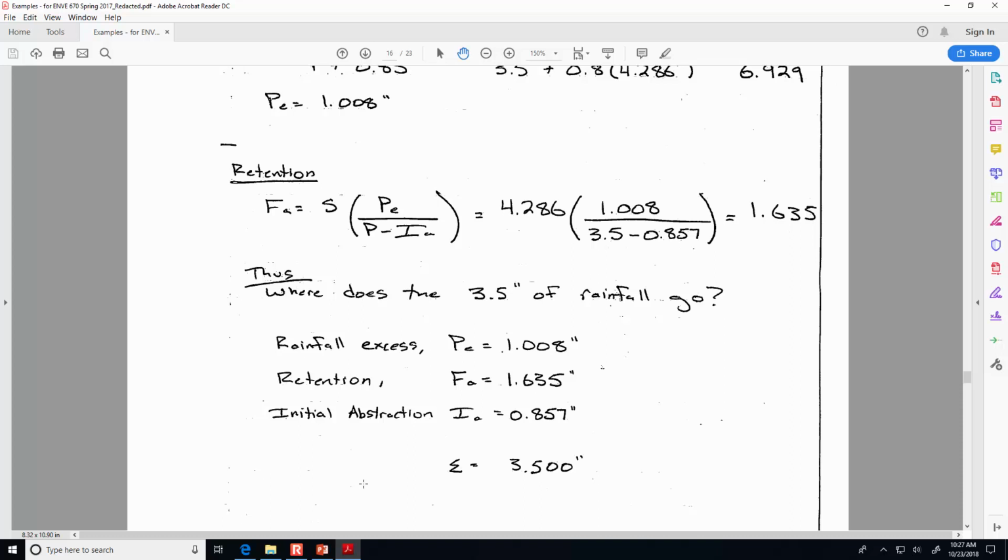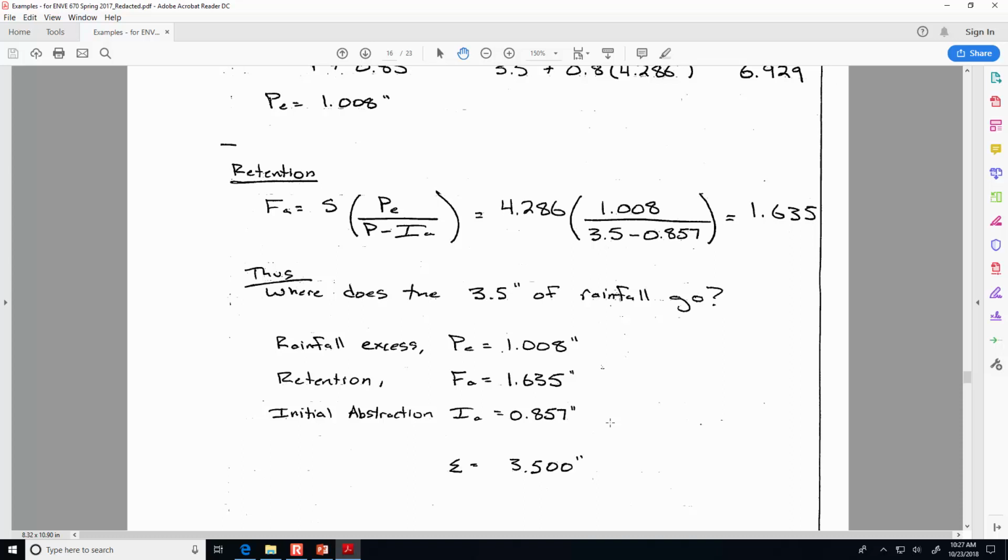So the F sub A is representing the retention inside of the basin, and that's mostly infiltration. And so we can get that that's 1.635. And that's the same thing that you would have got if you'd simply subtracted 3.5 minus the initial abstraction minus the precipitation excess. If you'd just done subtraction from that, you'd get 1.635. And so this is just confirming, or calculating a different way, the difference between the rainfall and the runoff.